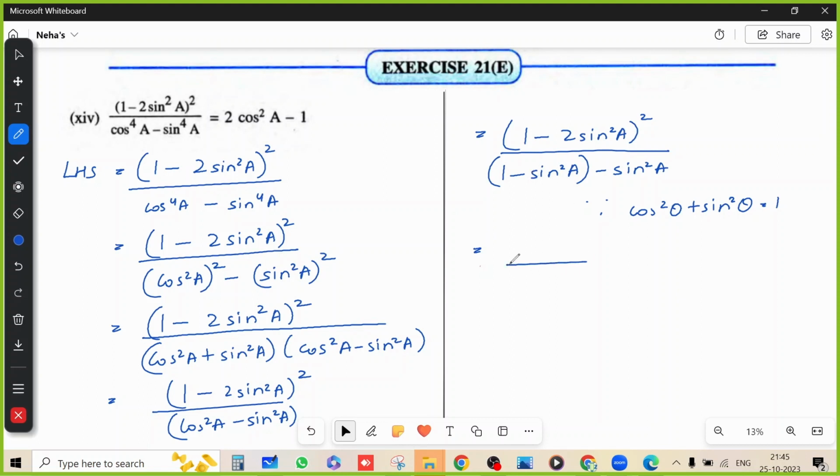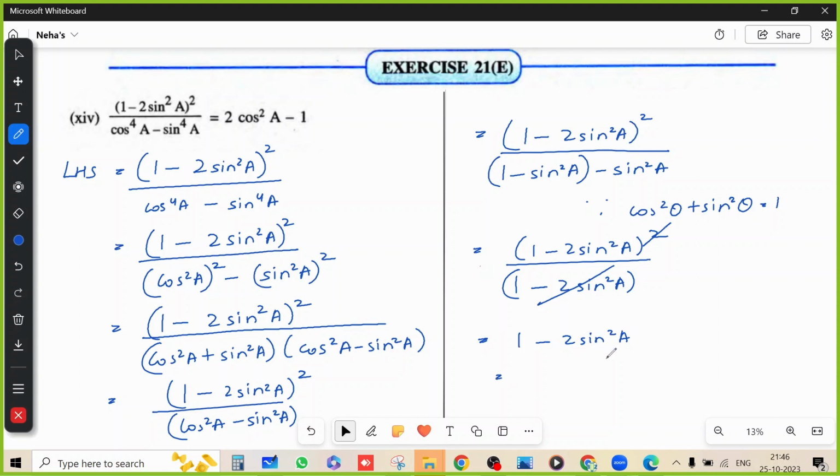So now the denominator has become 1 minus 2 sine square A, and the numerator is (1 minus 2 sine square A) whole square. So this will get cancelled out now, and we are left with 1 minus 2 sine square A in the numerator.